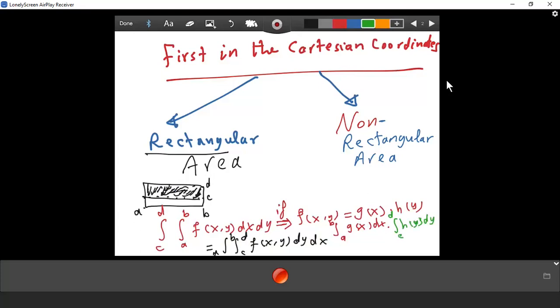All of us know we cannot distribute the integration over the multiplication in general. But if your function splits into g of x and h of y, you can split the double integral into two single-variable integrals.